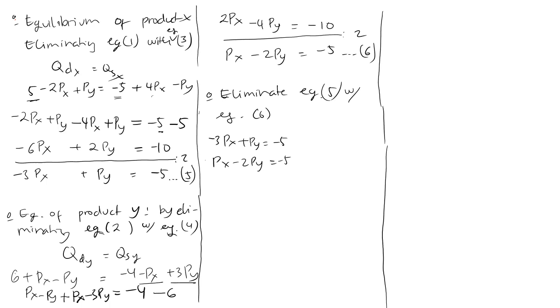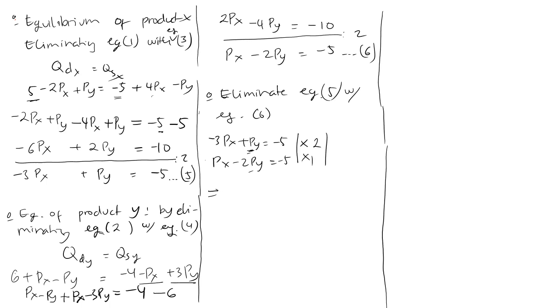So I want to eliminate Py, but this is still with one coefficient, and this is two, so I have to multiply the upper one by 2 and this one by 1.